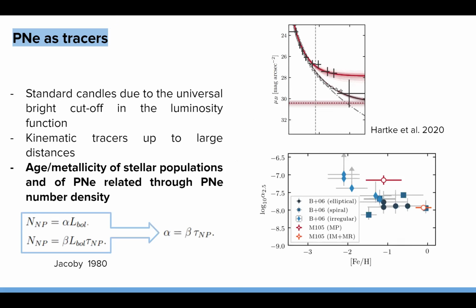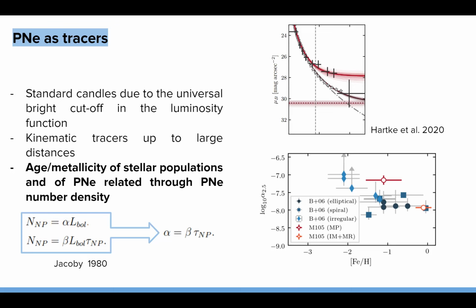But the last thing that I am focusing on is that there seems to be a relation between the properties of the underlying stellar population and the properties of planetary nebulae, and they seem to be connected through a quantity that we call alpha. It doesn't have any fancier name than that.